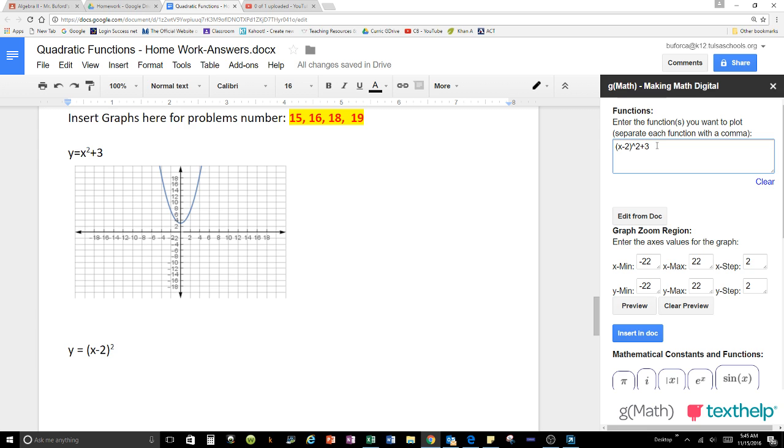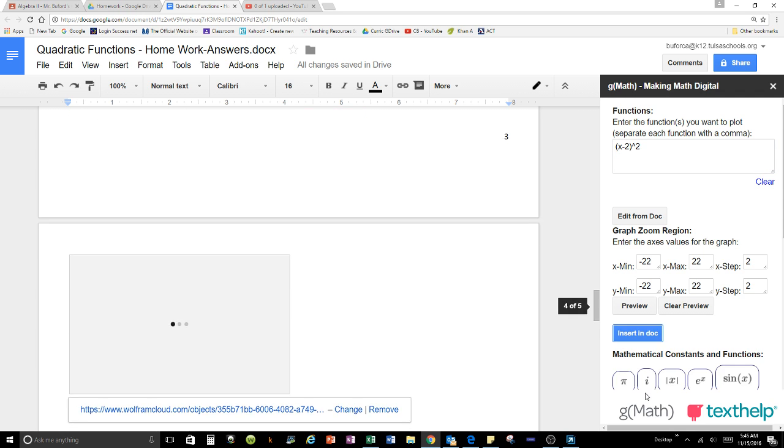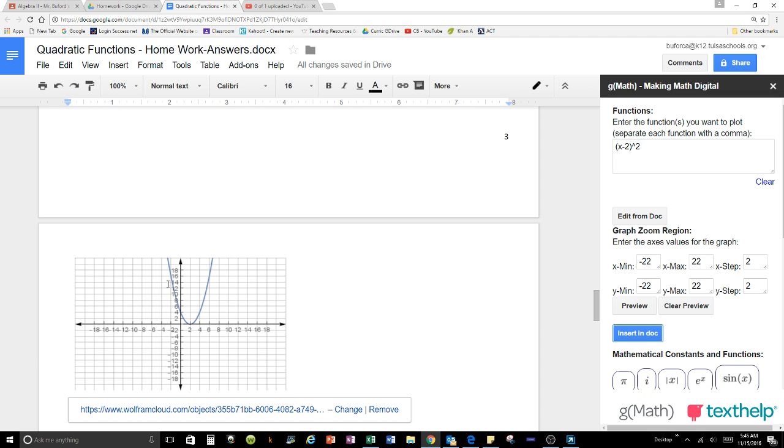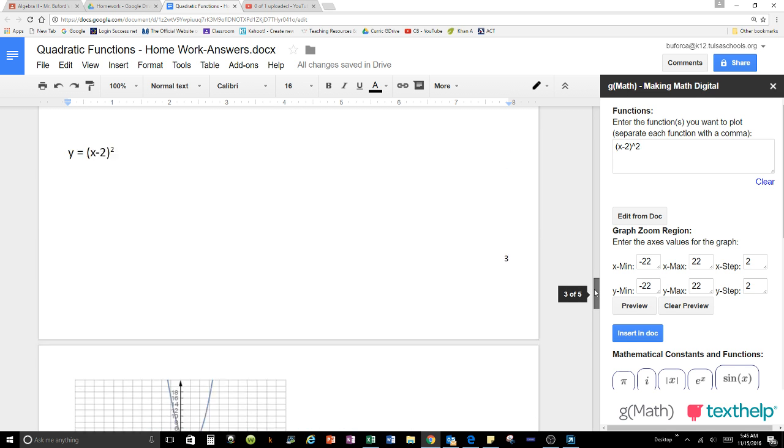Let's take that 3 out of there. Make sure our cursor's here. Insert dock. And voila. Shifts us over 2. Okay? Let's see what the next one is.